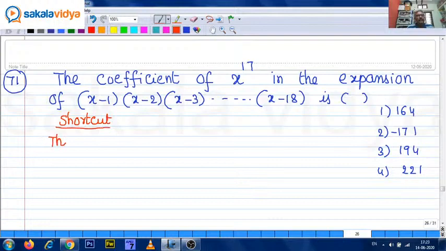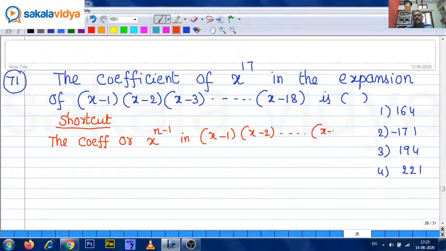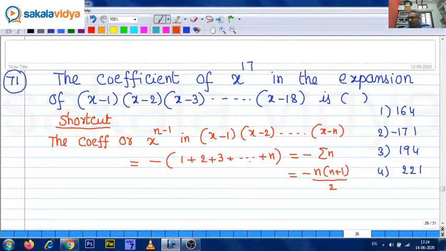The coefficient of x to the power of n minus 1 in (x minus 1)(x minus 2) up to (x minus n) equals minus of (1 plus 2 plus 3 plus up to n), which is minus n(n plus 1)/2. Here n is equal to 18.